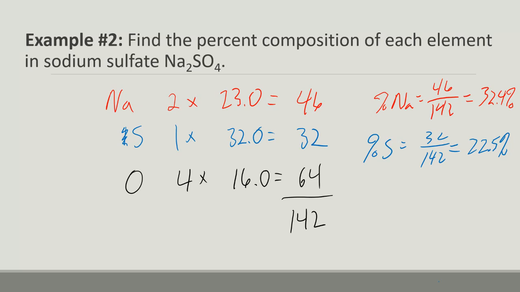And again, we can just subtract those from 100 to figure out what the next one is, or we can do it by math. Either way works.